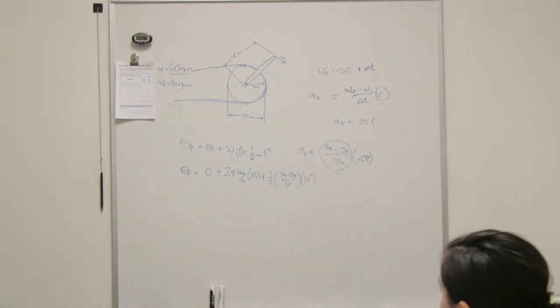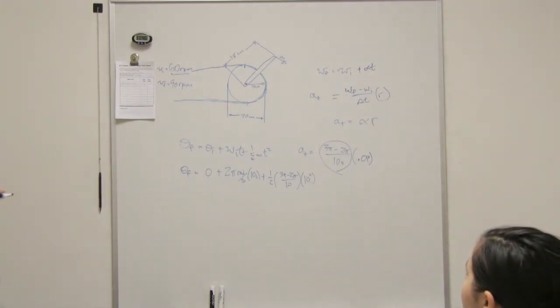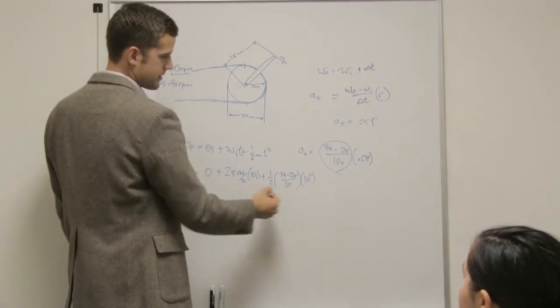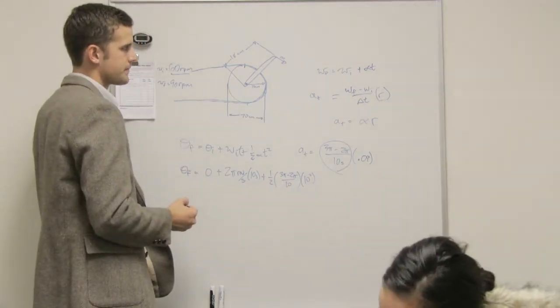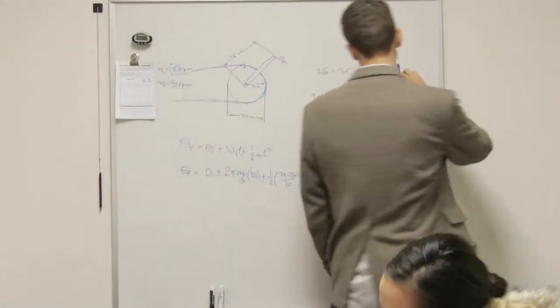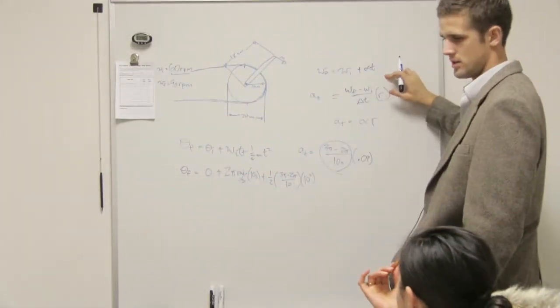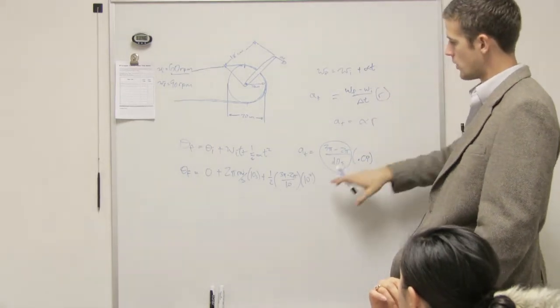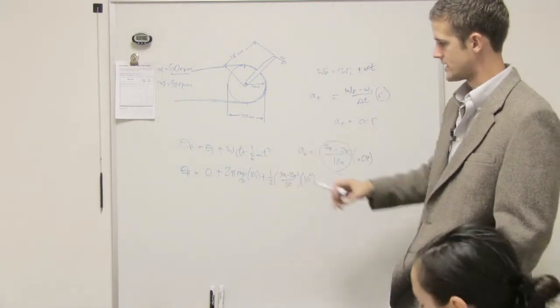That's alpha? This, yeah, right here. Because you remember we have this, but we're not timesing it by 10. Oh, this is just pi. That's alpha times t squared, yeah. Okay.